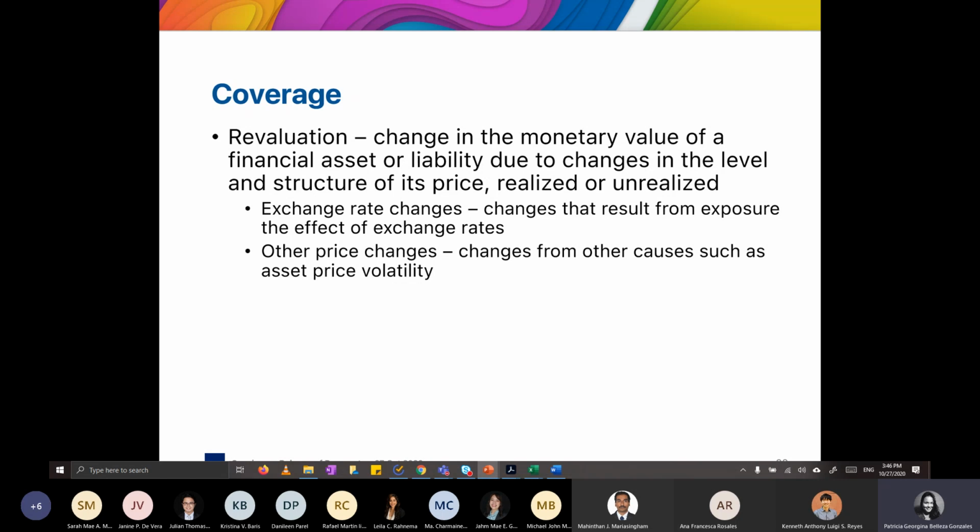So there can be two sources or two channels for price effects to be transmitted into the financial assets' value. So it's through the exchange rate. Since remember, we're dealing with assets between two different economies, or between residents and non-residents.